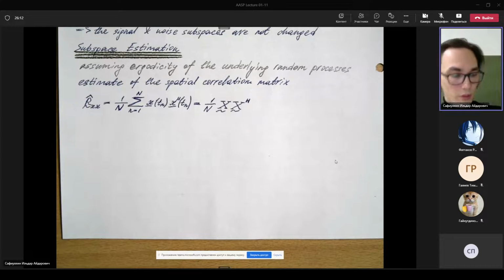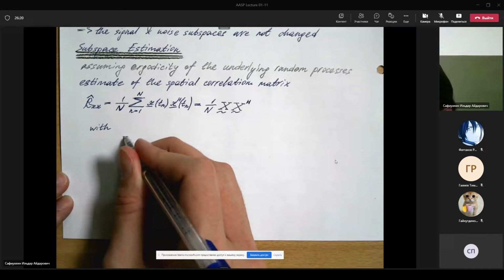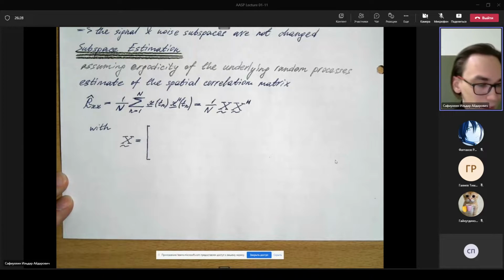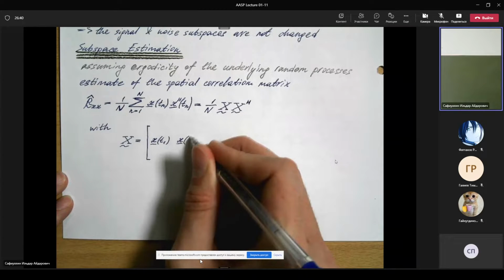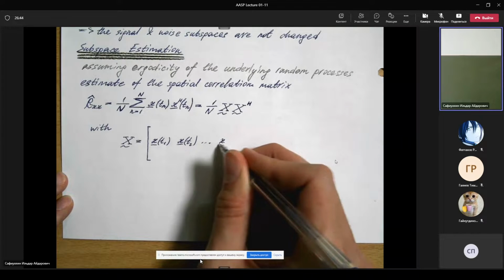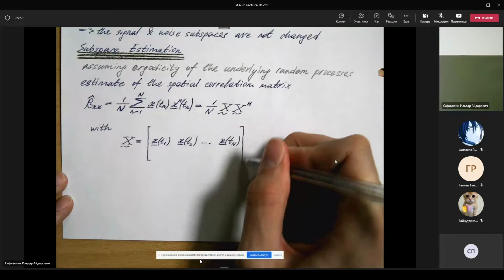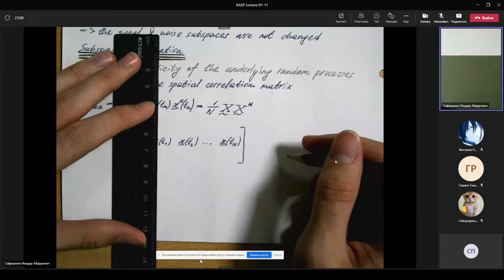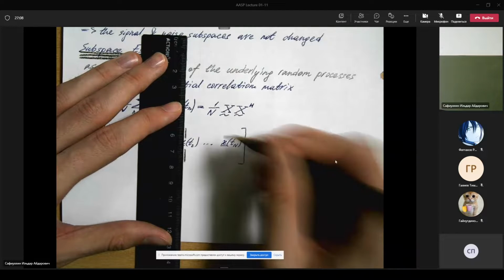And of course, with this matrix X as the column matrix with the columns x of T1, then x of T2 up to x of T capital N. So x of T1 column vector, and the column vector.